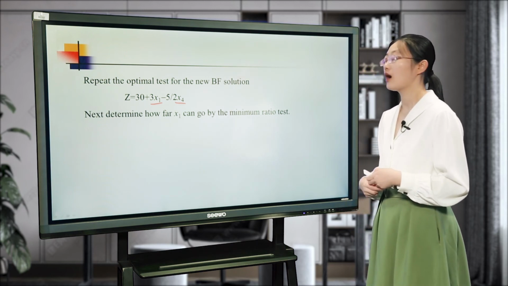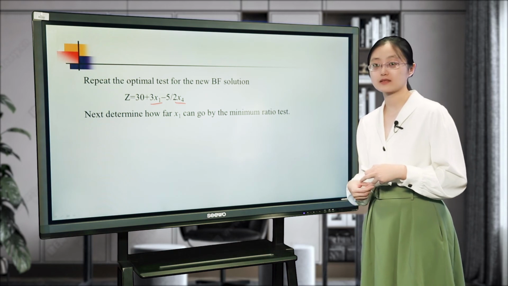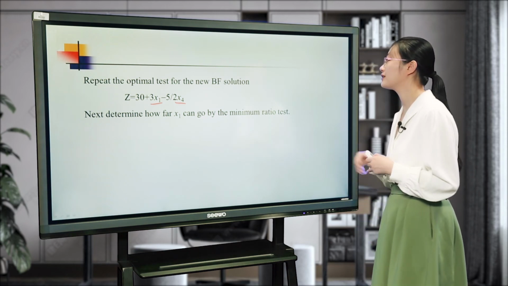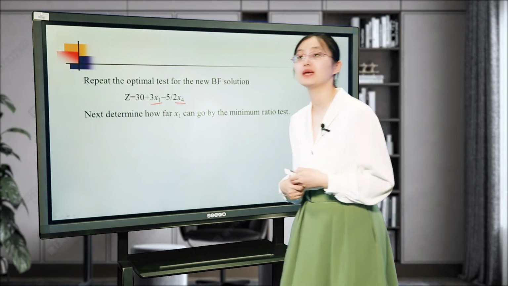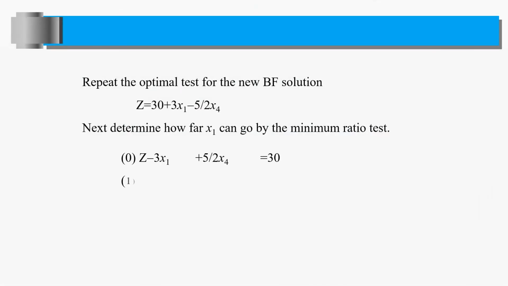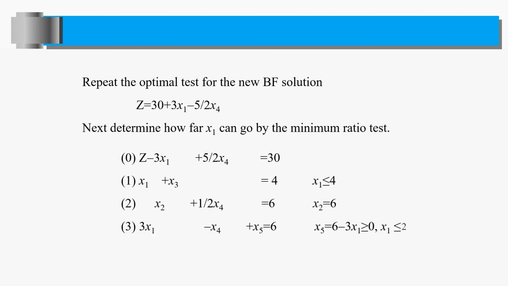We need to conduct the simplex method again, first by applying the minimum ratio test to determine how far x1 can be increased. So again, look at all the constraints on x1. The first equation has x1 and x3. Since x3 has to be non-negative, x1 has to be less than or equal to 4. The second equation has nothing to do with x1, so x1 has no bounds here.